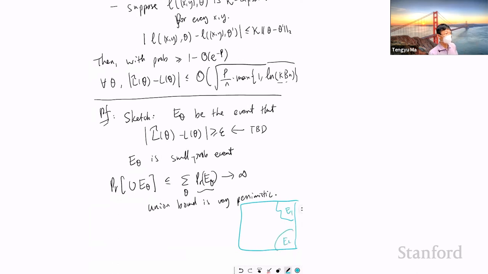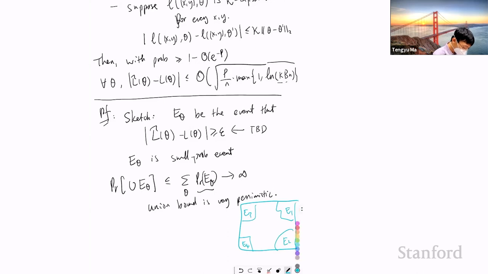The union bound would be tight when all of these failure events are disjoint. Suppose this is the case, then the probability of the union of these events will be the sum of the probabilities of each event. But here, it's not clear whether these events are disjoint, and actually they may have a lot of overlap.